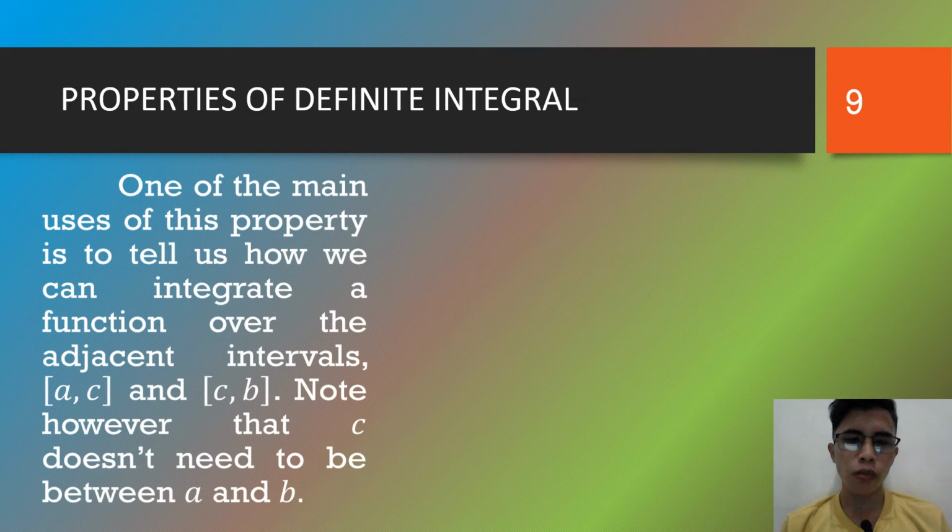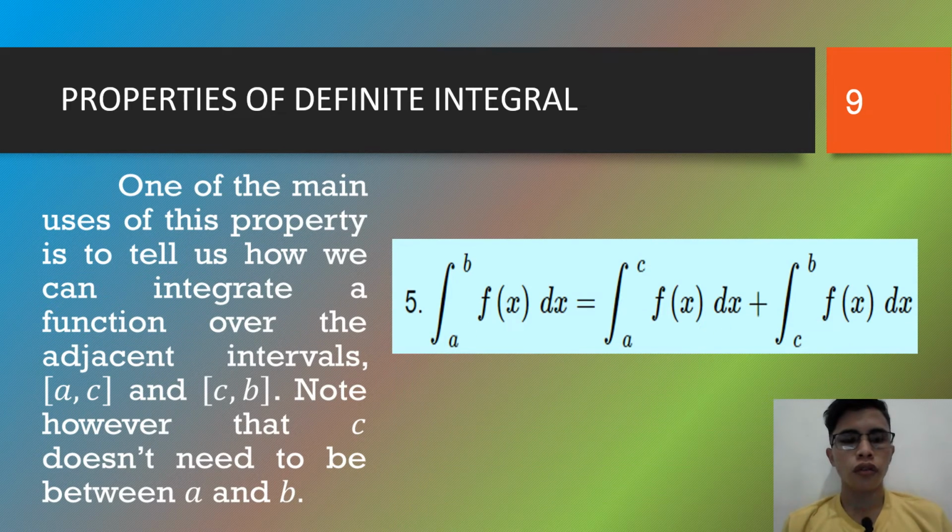Okay, let's proceed to property number 5. One of the main uses of this property is to tell us how we can integrate a function over the adjacent intervals a, c and c, b. Note, however, that c doesn't need to be between a and b.